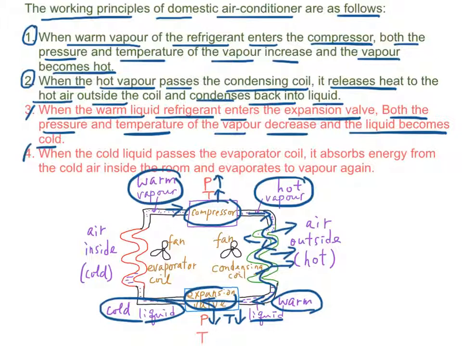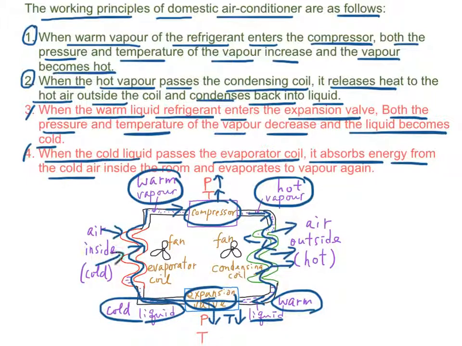Next, when the cold liquid passes the evaporator coil, it absorbs energy from the warm air inside the room and evaporates to vapor again. As a result, heat is removed from inside to outside.